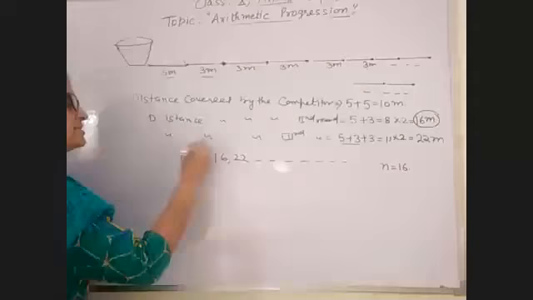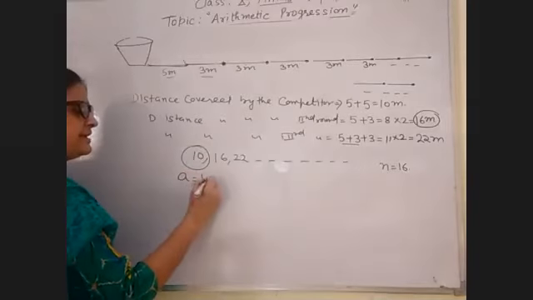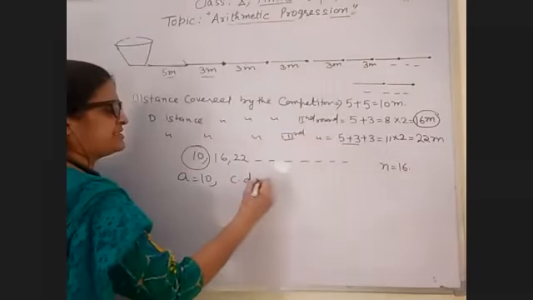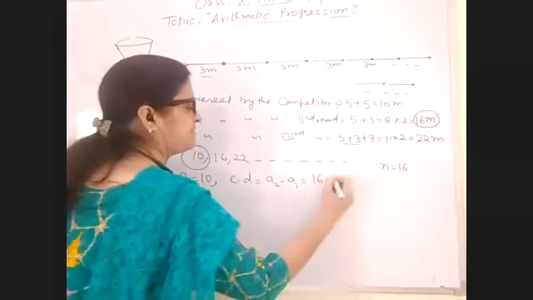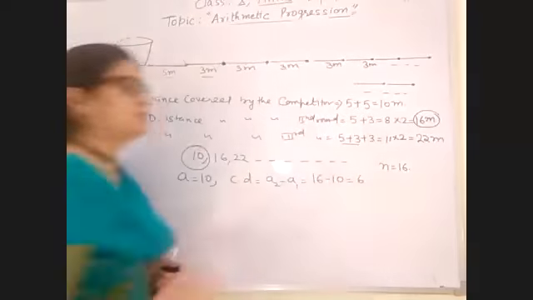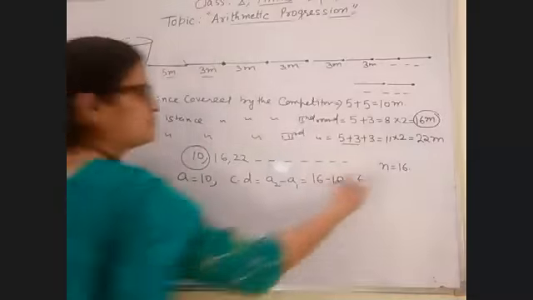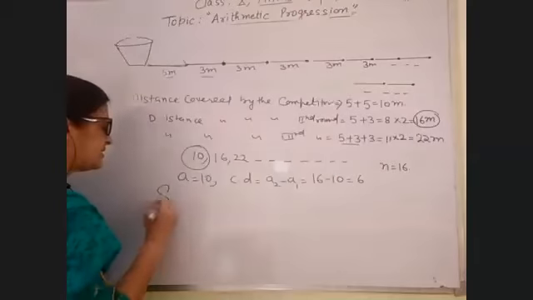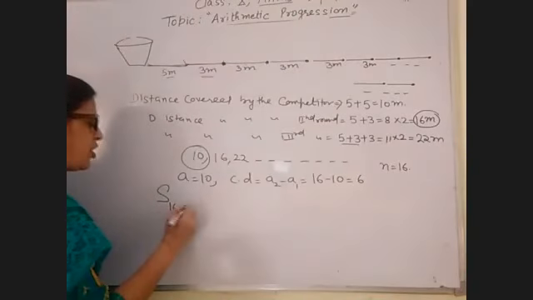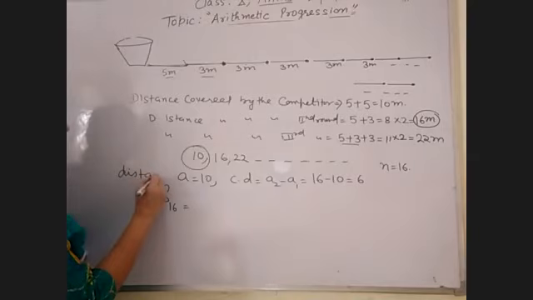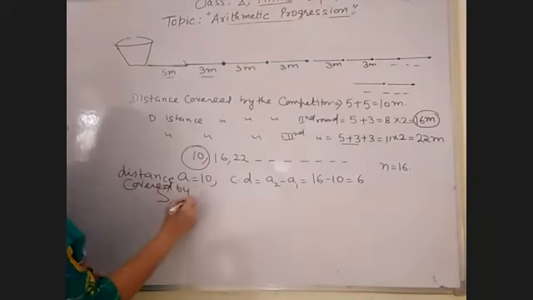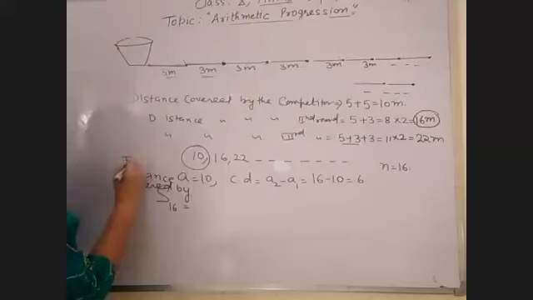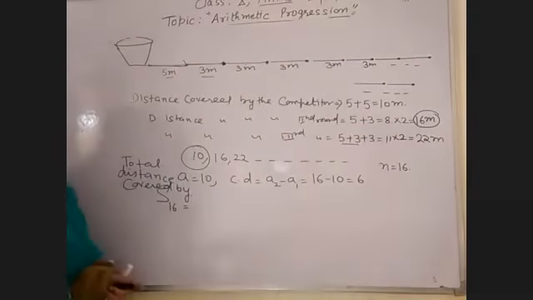So first term is given in the question 10, and the common difference is A2 minus A1, that is 16 minus 10, that is equal to 6. And you have to find the total distance covered by the competitor, how much total distance she has to cover.